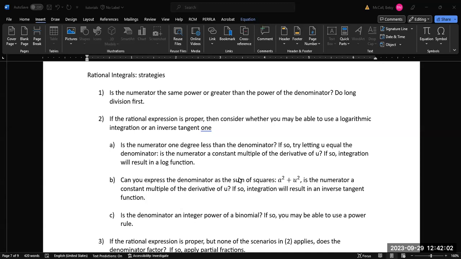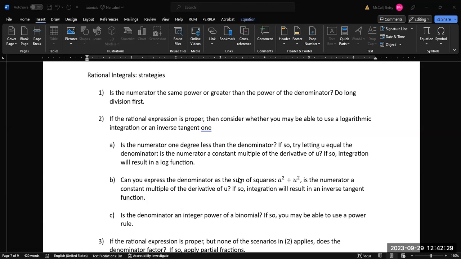So you're going to check if the numerator has the same or higher degree than the denominator, then you need to do long division before you proceed. That will simplify your problem, and then it may open up other avenues for you to proceed from there. But that is always the very first thing that you want to look for, because, as I said, a lot of these other things are not going to work if that's not the case.